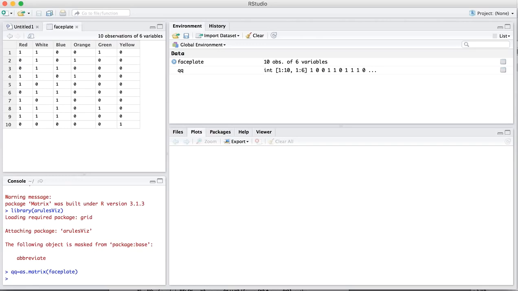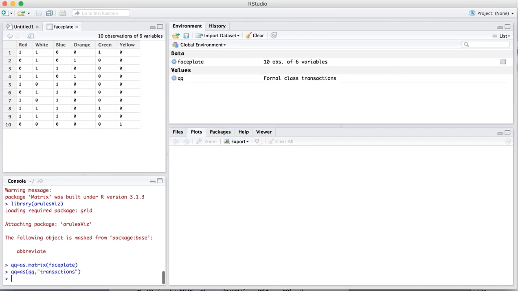So we are writing a command that now converts this into transactions where it removes the ones that you have not bought. So now QQ is like red, white, green, they're bought together. Second one is white and orange. Okay. Now we are ready to generate the rules.